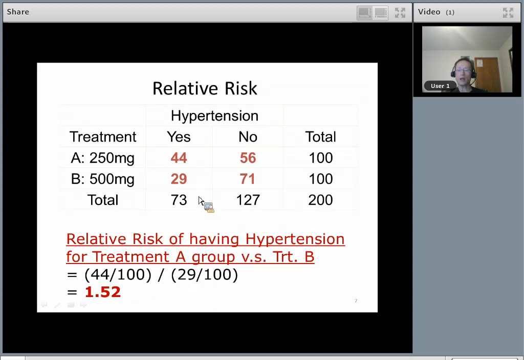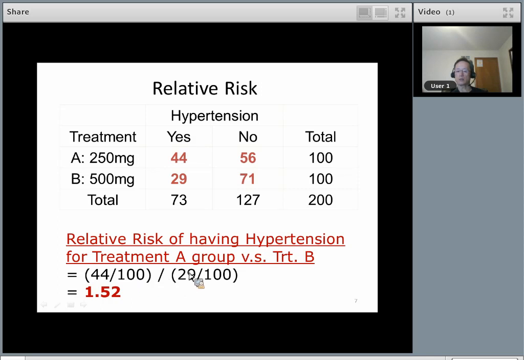If you're doing odds ratio, the odds of getting disease for treatment A versus the odds for treatment B, then you cannot say that the risk of having disease from treatment A is 1.5 times. This is an odds ratio. You're not going to say that the chance of treatment A to get disease is 1.52 times the chance of treatment B, because those are not chances.